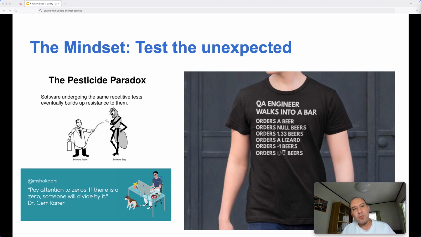And there is one more paradox very well known by testers, which is the pesticide paradox. If we try to test the same scenarios all the time, then of course there will not be a high possibility of finding bugs from these test cases after some time, because we should try something different. If we always run the same test cases, we will not find any more bugs after some time because they will be fixed.